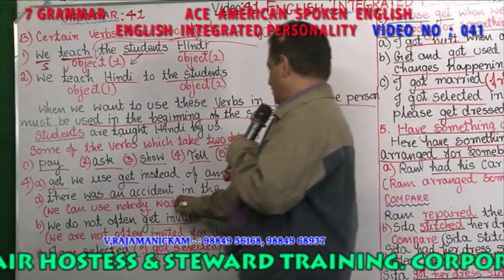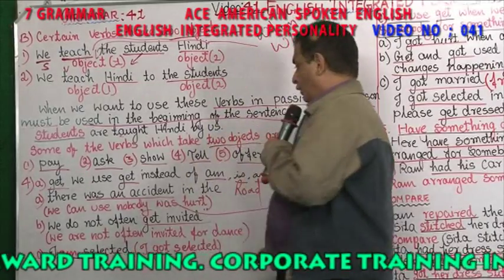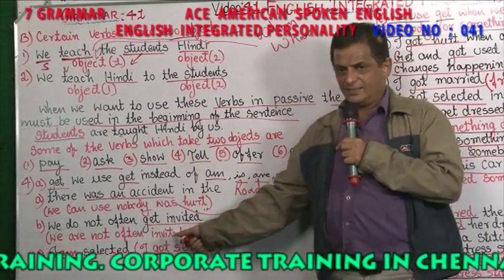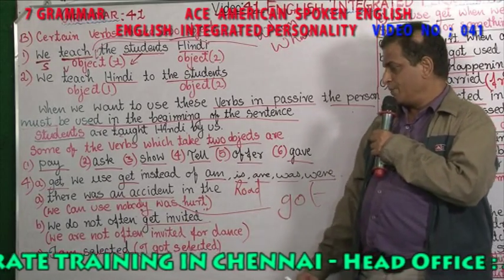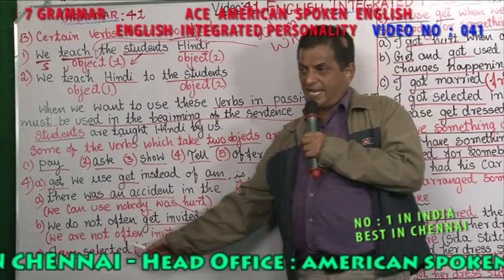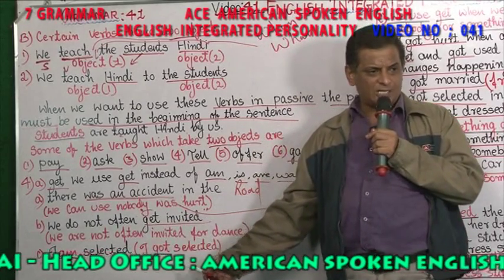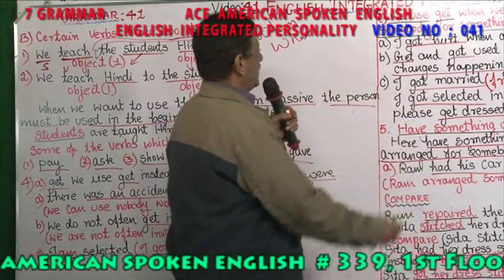Instead of was, you can use got. We do not often get invited. We are not often invited for dance. I am selected, you can say I got selected. Both are the same.